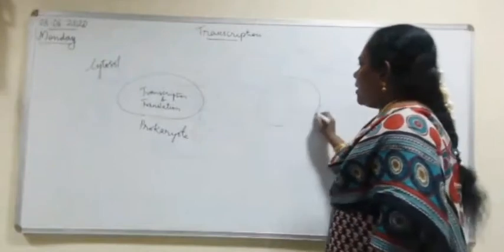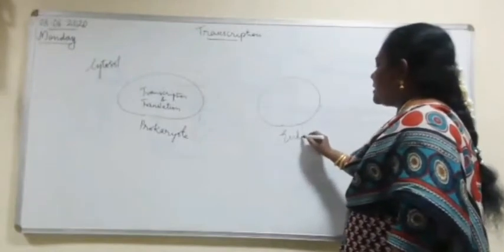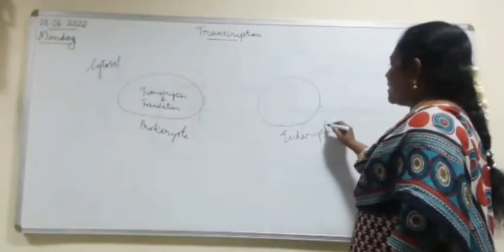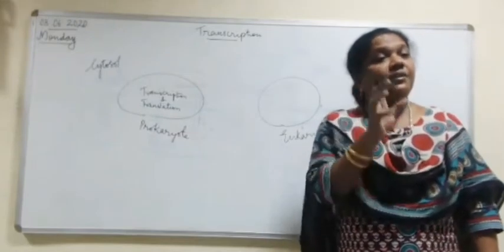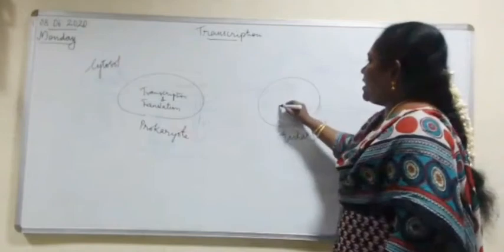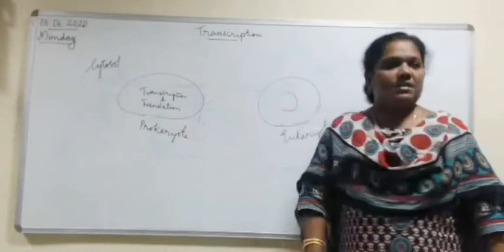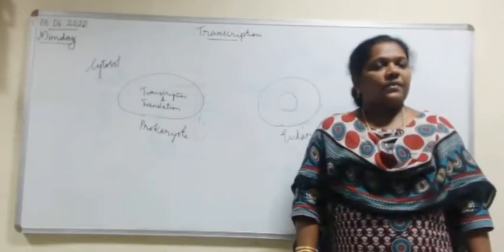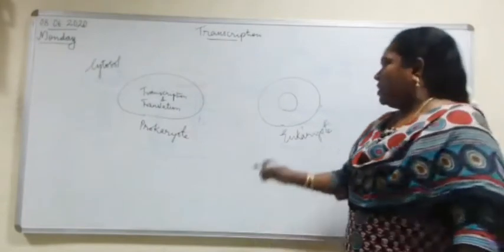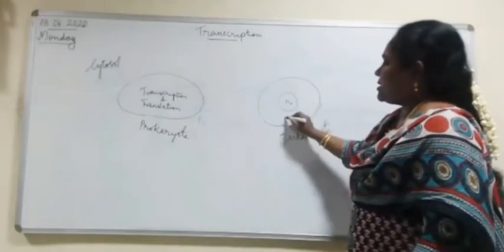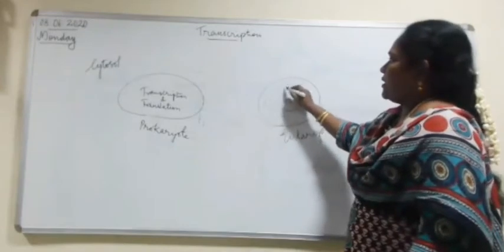But when you talk about the eukaryotic cell, what is a eukaryote? Plant cell, animal cell, all those which have a well-defined nucleus. They have a membrane. Here you have the nucleus, followed by the cytoplasm.